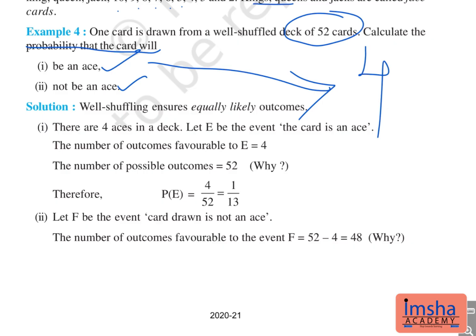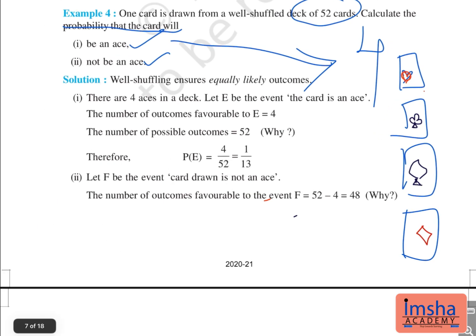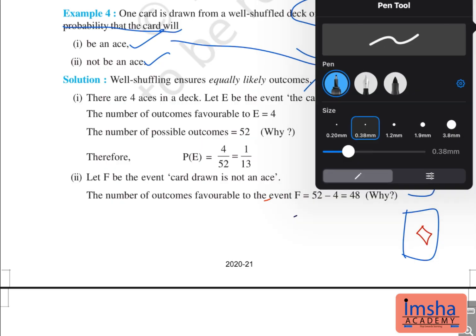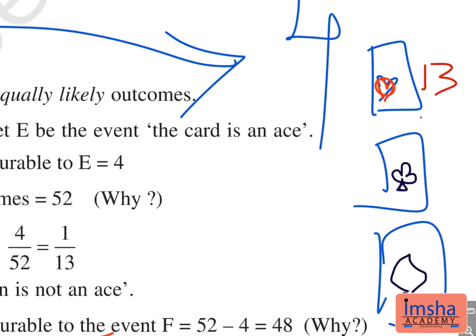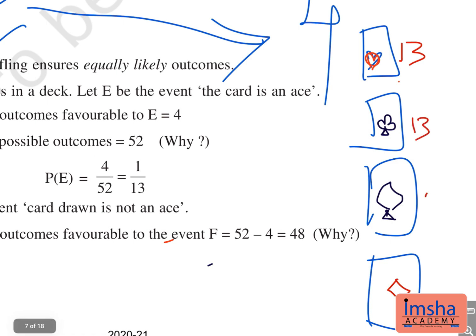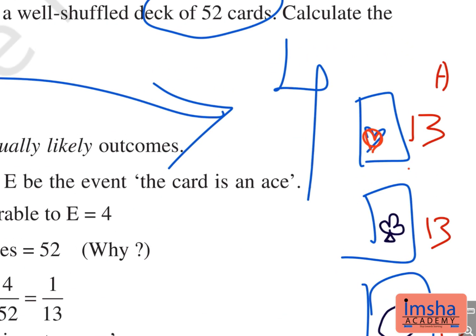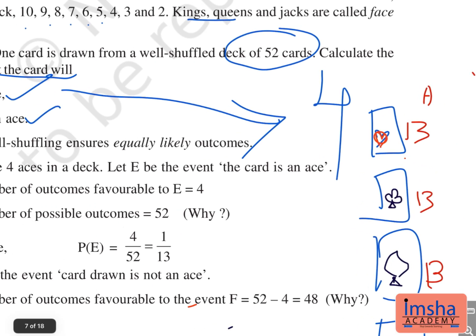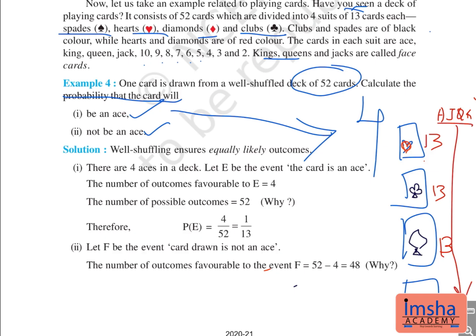Because in every set, that is 13, 13, 13, 13, each set is having 13 cards, and in that one is an ace, and one each is jack, queen and king.